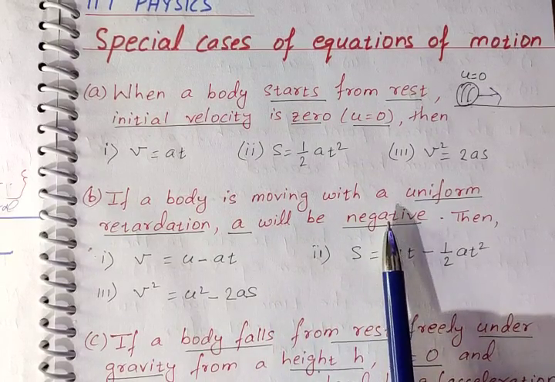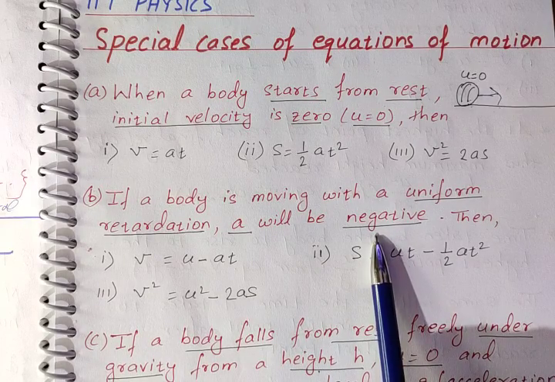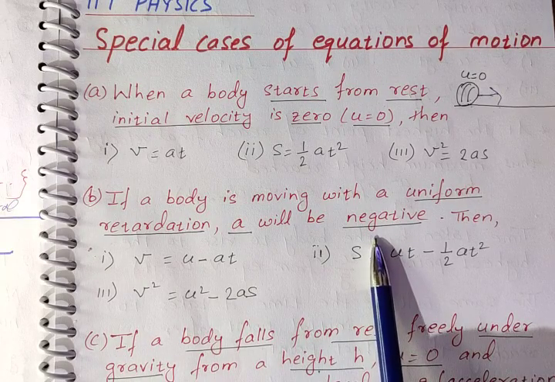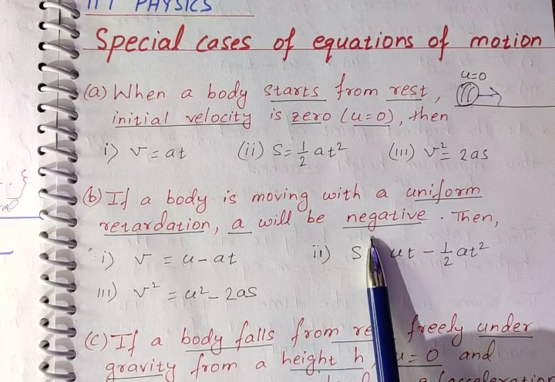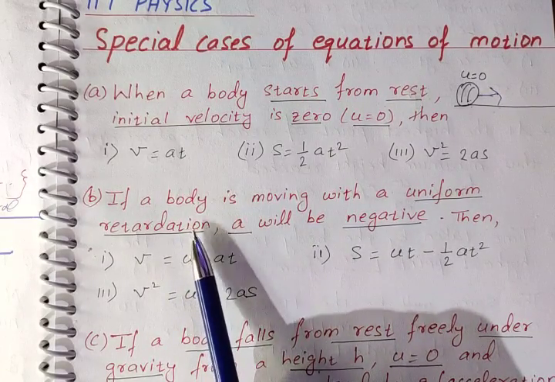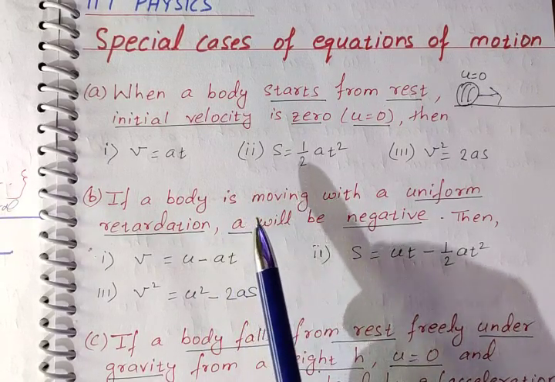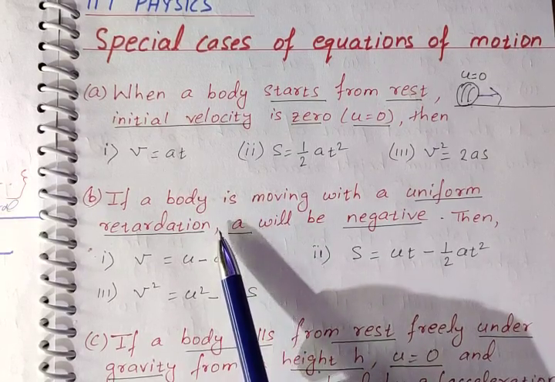And when the velocity of the body decreases with time, suppose your destination came and you are going to stop your vehicle, what will you do? You will apply brakes. Your vehicle will not stop suddenly. First its velocity decreases and then it stops. So when the velocity decreases, it means retardation.